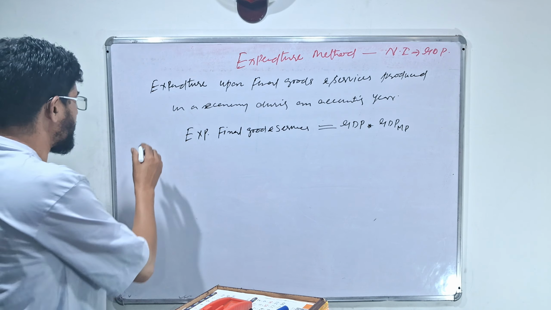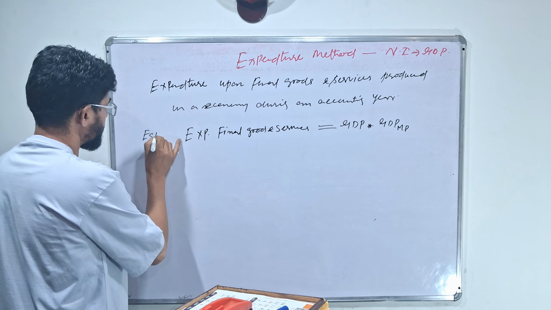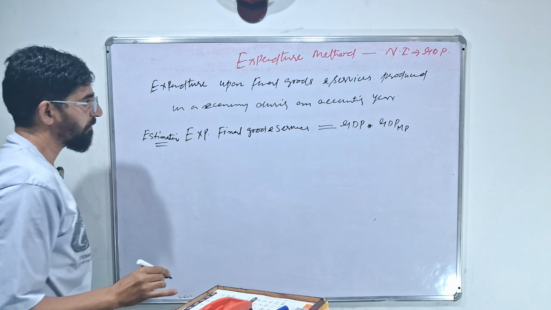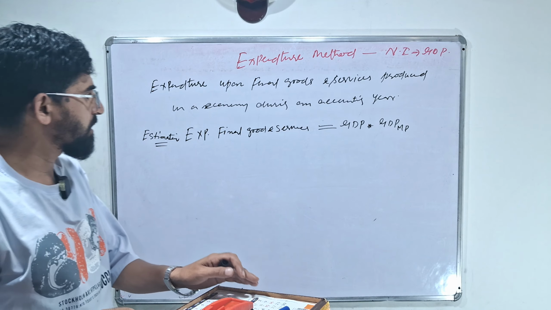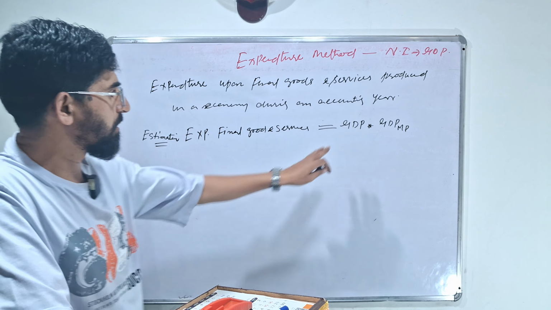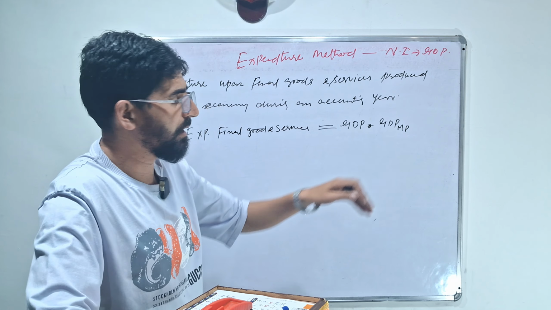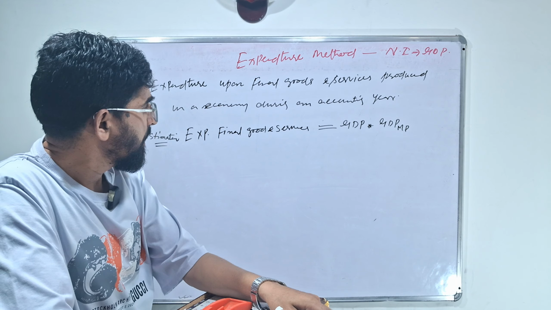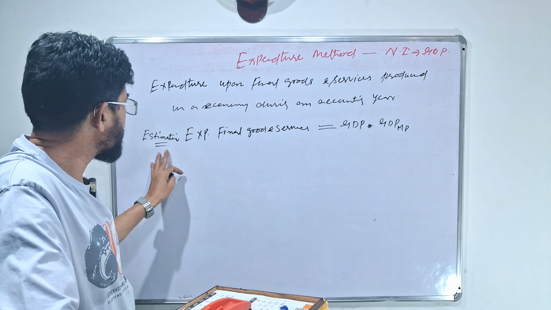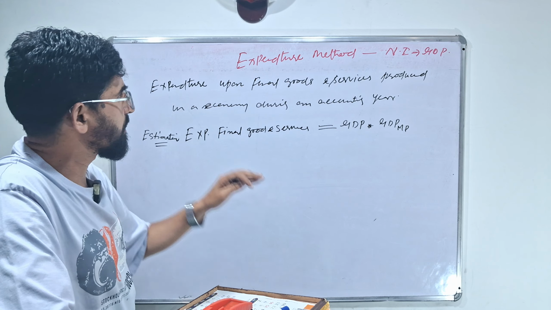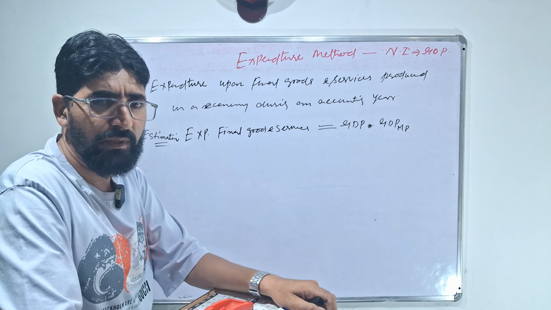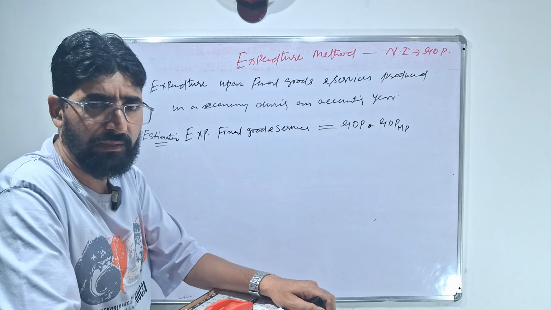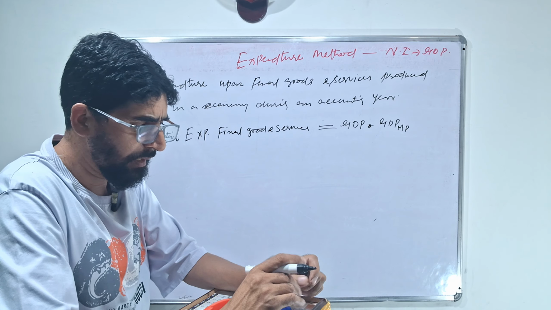The estimation of expenditure on final goods and services is equal to gross domestic product at market value. Generally, expenditure method means expenditure made upon different final goods and services within the domestic territory of a country during an accounting year.